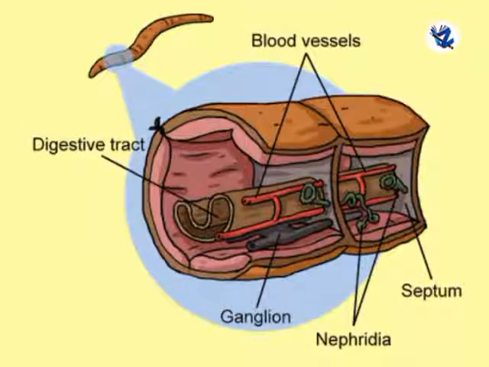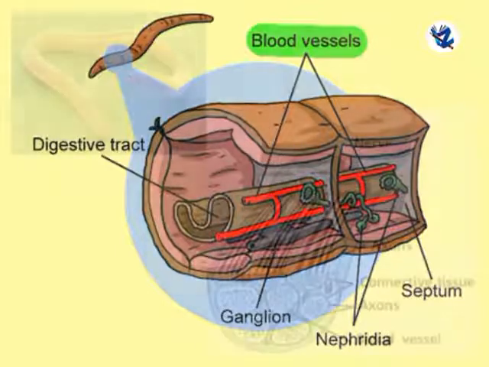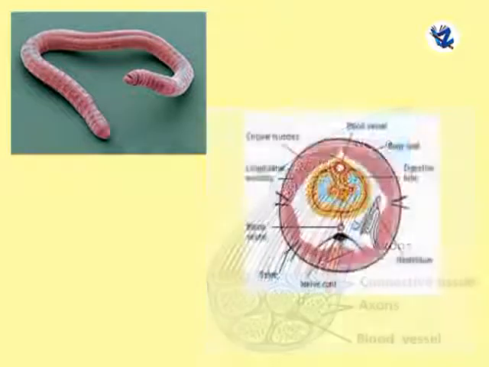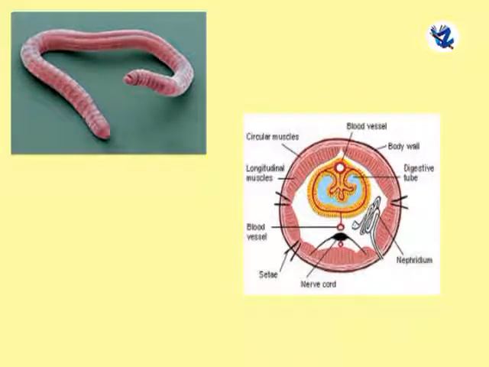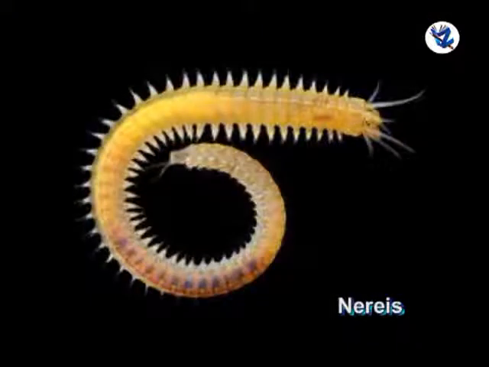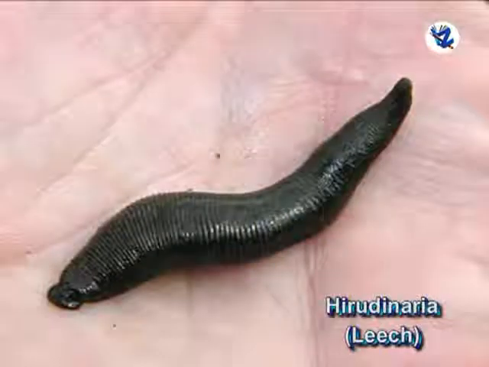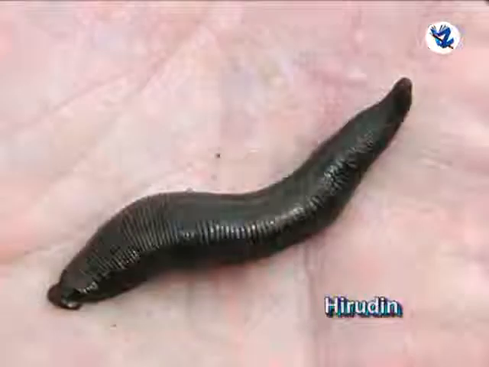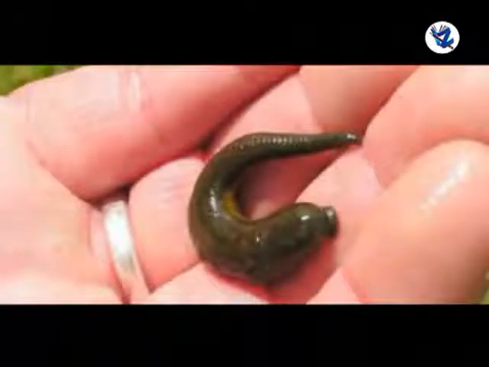Respiration through body surface. Excretion by nephridia. Hemoglobin present in blood. Nervous system in the form of nerve ring and nerve cord. Mostly bisexual. Example: Nereis, Hirudinaria, that is leech. Leeches are blood-sucking. Their saliva contains hirudin, an anticoagulant substance.